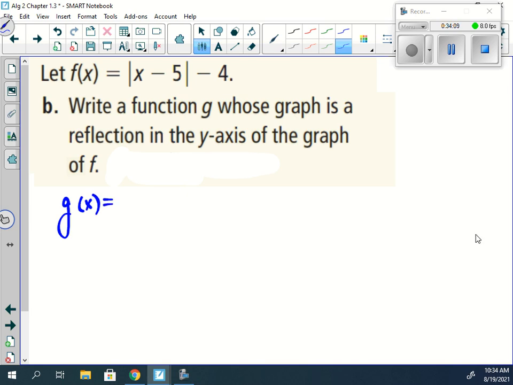So this one here is across the y-axis. So we're talking about f of negative x, which would be the same thing as saying absolute value of negative x minus 5 minus 4.